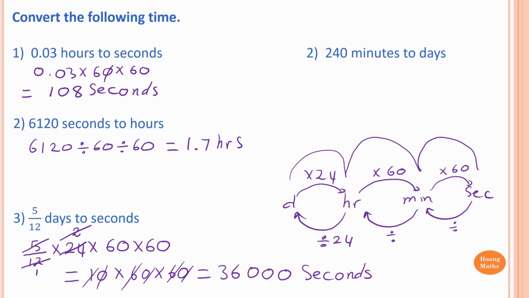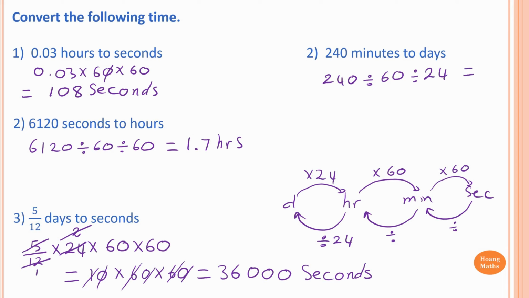Next one. We want to convert 240 minutes to days. From minutes to hours, we divide by 60, then we divide by 24. So we go 240 divided by 60 to give me hours, and then divided by 24 to give me days.